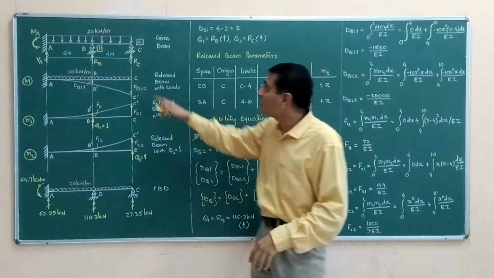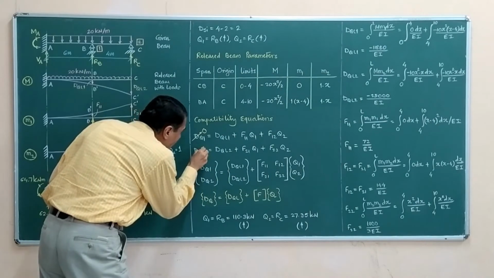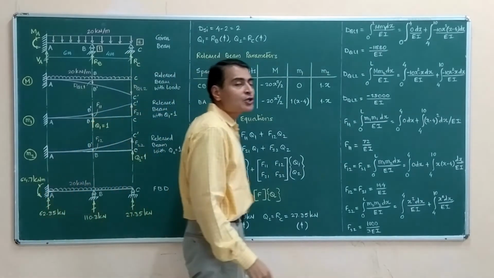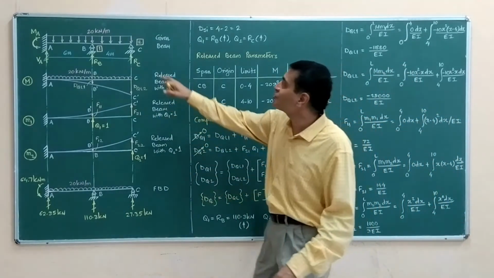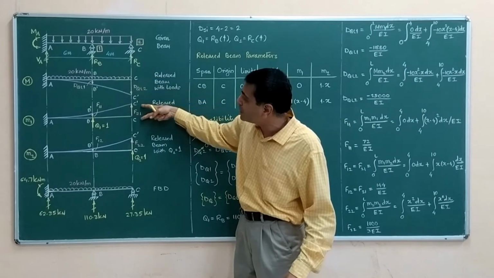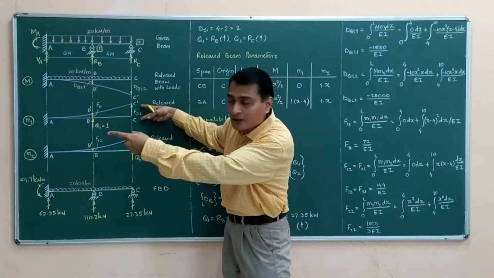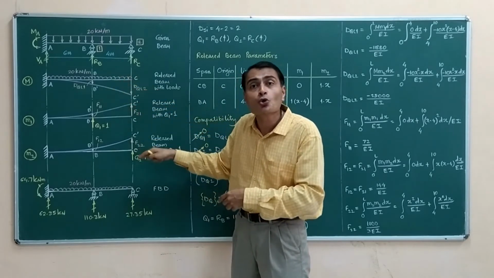So very clearly at this exterior roller also there is not going to be any deflection, there is going to be zero deflection. But what I am trying to convey is, I am saying this deflection is equal to this deflection plus this into RB plus this into RC, that is into Q1 and into Q2.